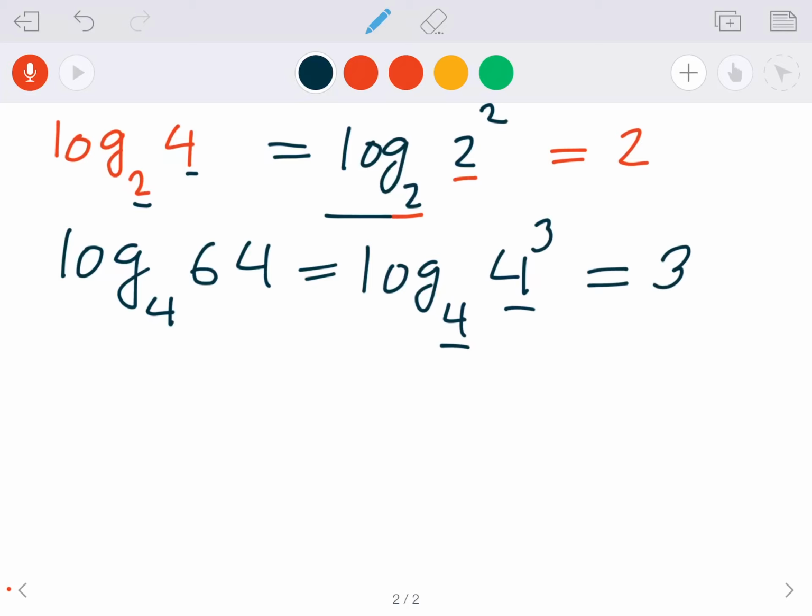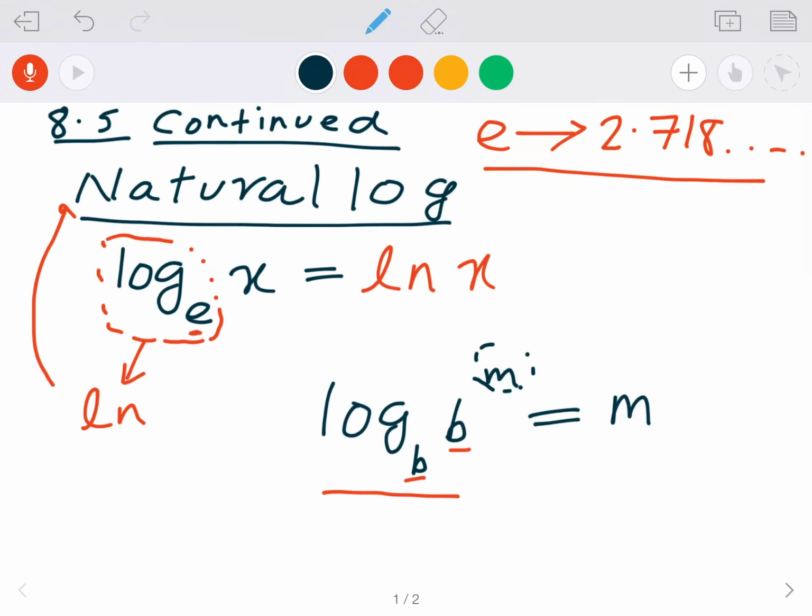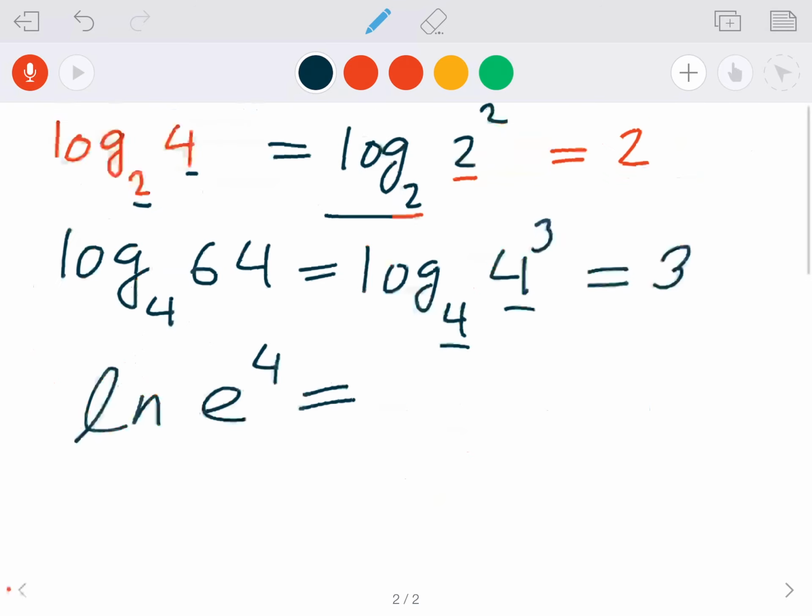Then what about the value of natural log of e to the power 4? Now we are introducing ln, or natural log. As I said here, the natural log ln means log base e.